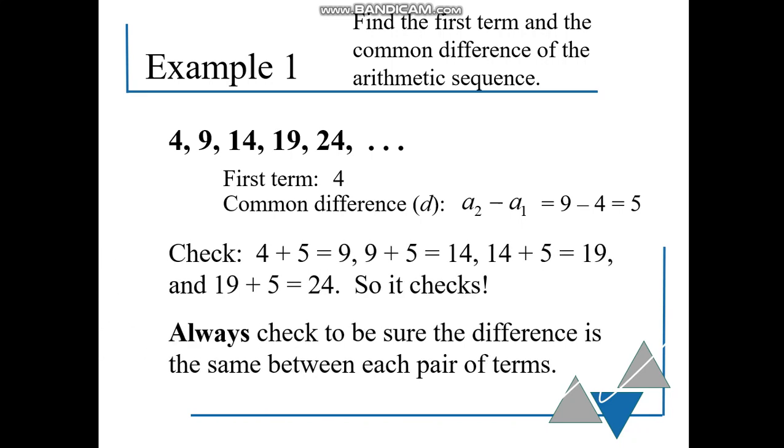I could keep going and do 14 minus 9, 19, but it's easier to add than to subtract. So I can just add it to check. 4 plus 5 is 9, 9 plus 5 is 14, 14 plus 5 is 19, 19 plus 5 is 24. So it checks. You always want to check because sometimes a tricky math teacher will take one of those numbers and change it to something that doesn't work so that it's not really an arithmetic sequence.